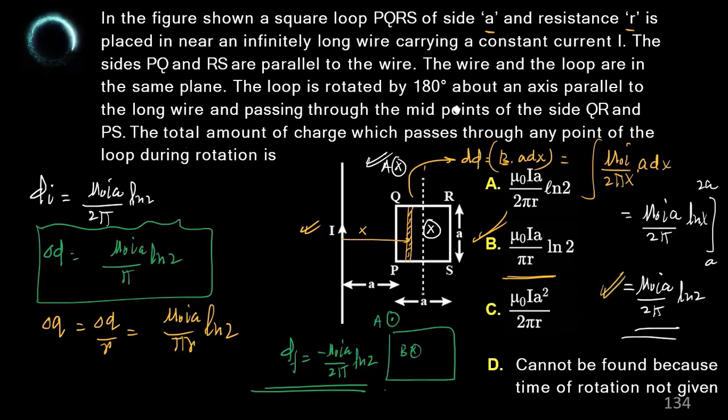Now once the loop is rotated by 180 degrees about an axis parallel to the long wire, the orientation of the loop remains the same. Only thing is that the area vector, which was initially cross, if I rotate it by 180 degrees, becomes dot. এটা হবে তো নাকি? ঠিক তো নাকি?